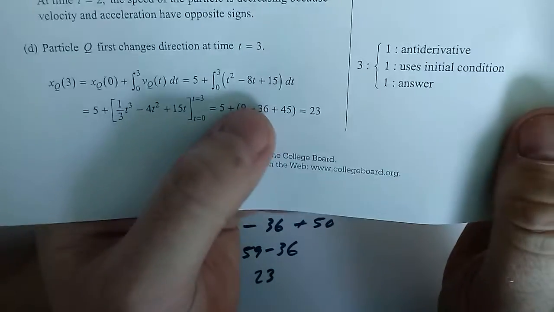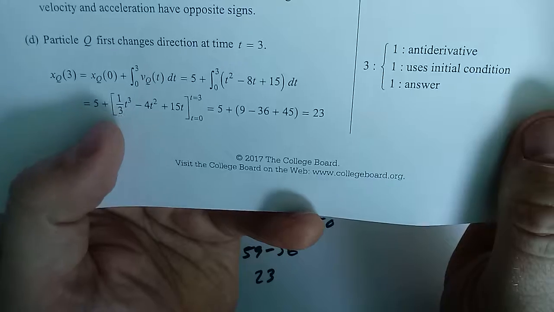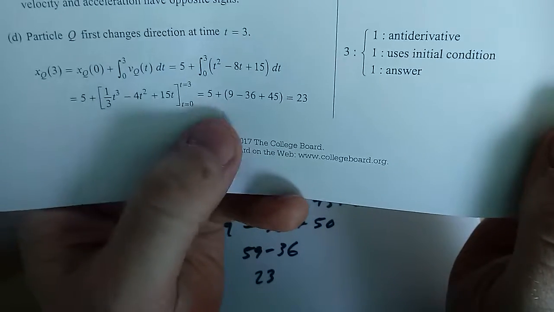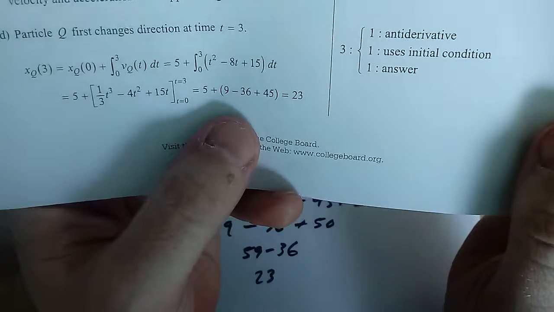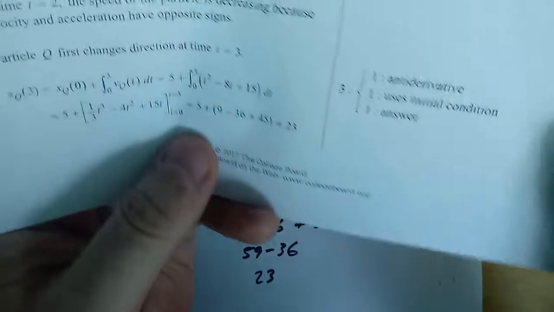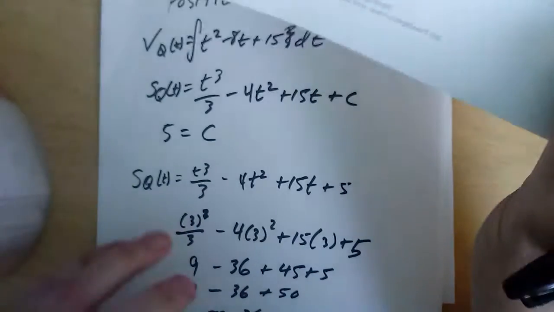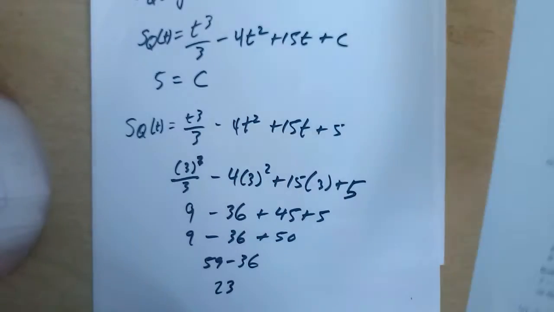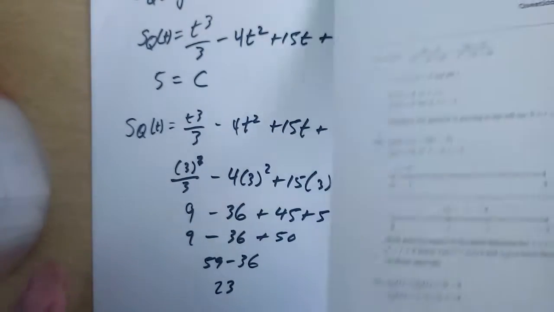They calculated that integral and then added in the 5. So it's kind of a pick your poison, whichever way you'd prefer. I liked finding the actual function and then just plugging the number in. That felt simpler to me, but it doesn't really matter. Okay, we've only got one more of these to do, and we're done with last year's AP test.